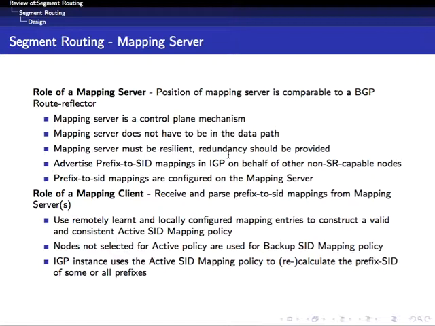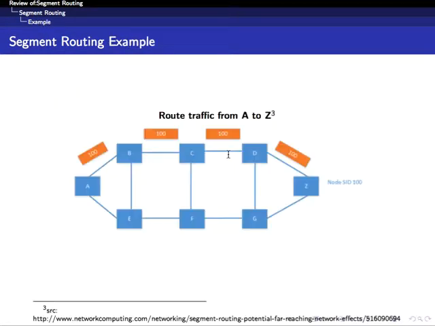Nodes that were not selected for the active policy mapping are used to create a backup SID mapping policy. And IGP instances in an active SID mapping policy are used to recalculate the prefix SID for all prefixes, ensuring that we get consistent routes.